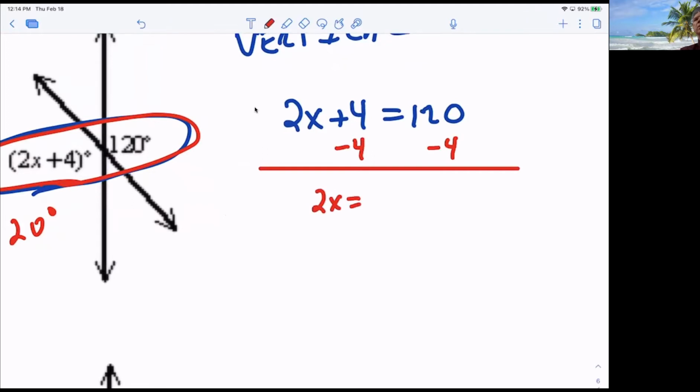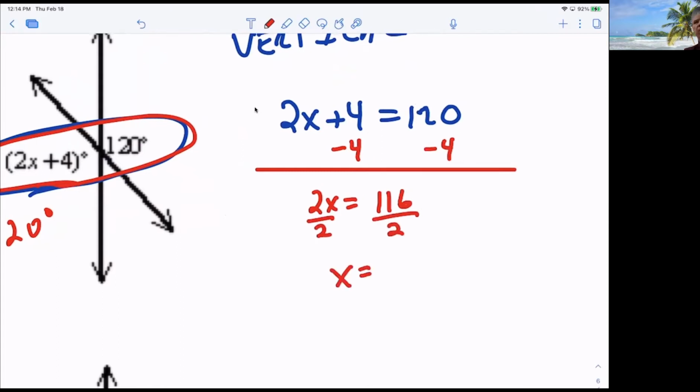Okay, now how do I figure out what x is from this point? Yes, divide by 2. That's right. Half of 116 is what?